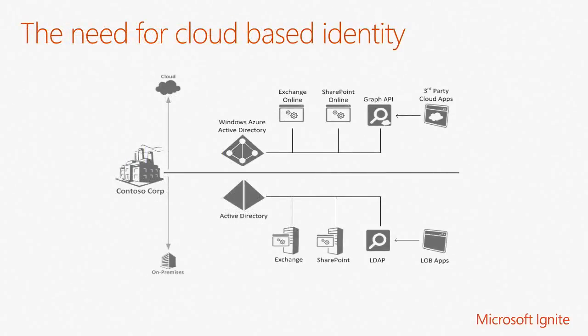So the need for cloud-based identity. Typically in the past we had our on-premise Active Directory, and when you had an on-premise Active Directory, there's a handshake, right? You bring a computer onto the network, you join it to the domain.